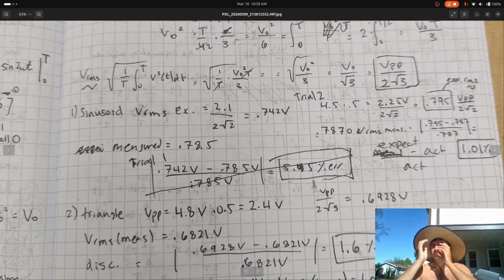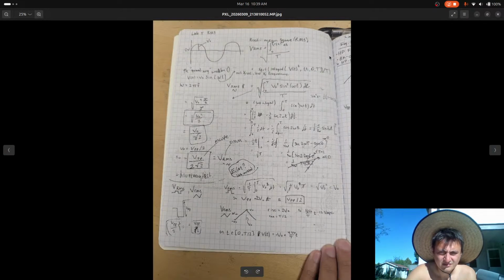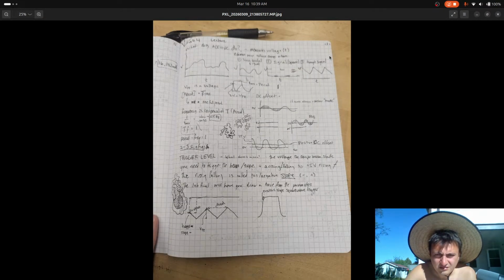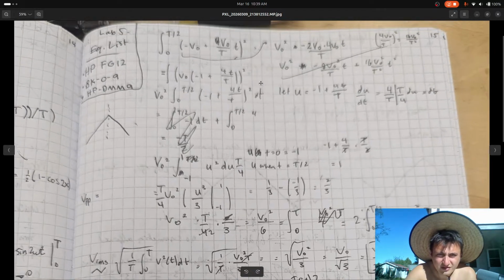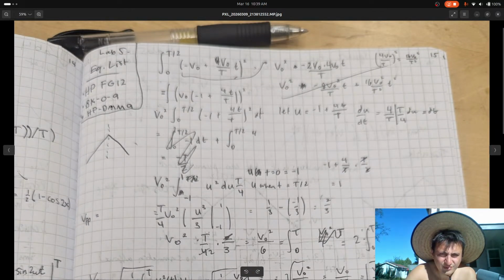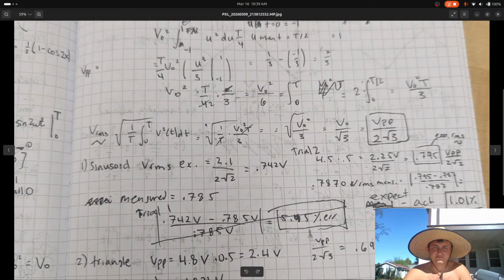How did we measure? Let's see, what equipment do we use in this lab? Okay, here we go. We use the function generator, the BK, and the DMM. I think that there's an RMS thing.